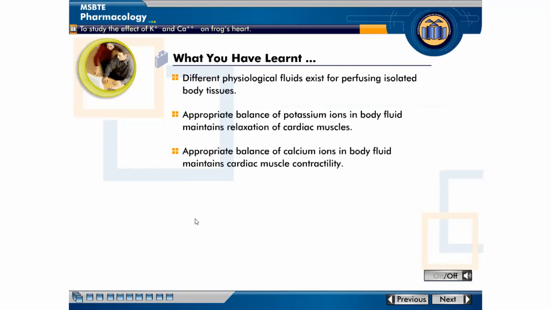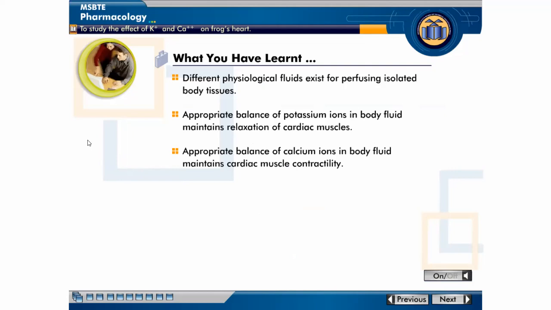You have learnt that different physiological fluids exist for perfusing isolated body tissues. Appropriate balance of potassium ions in body fluid maintains relaxation of cardiac muscles. Appropriate balance of calcium ions in body fluid maintains cardiac muscle contractility.